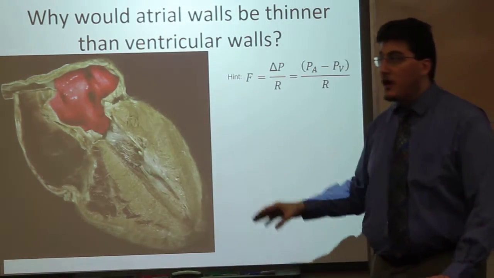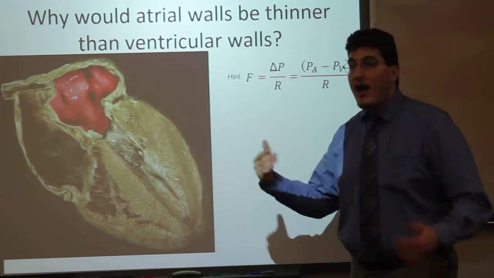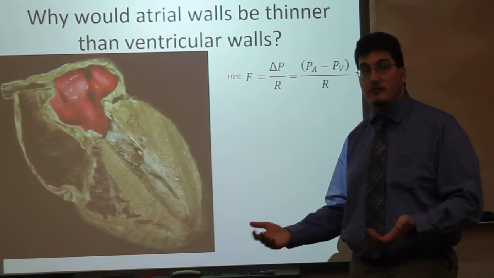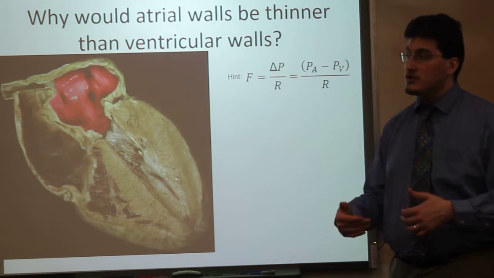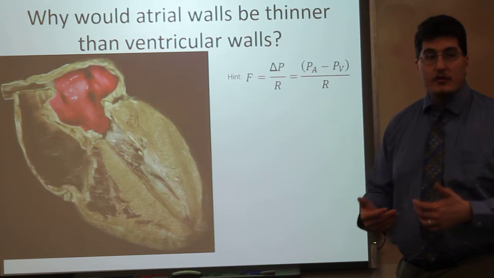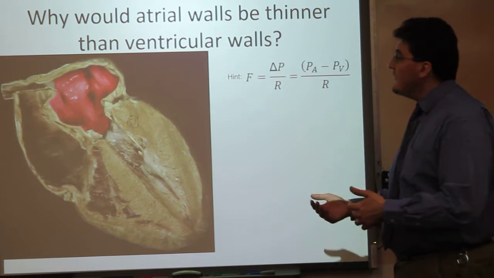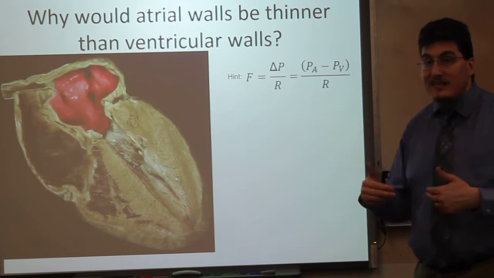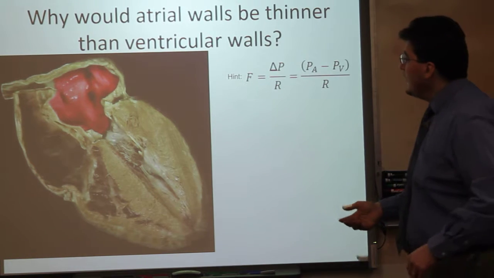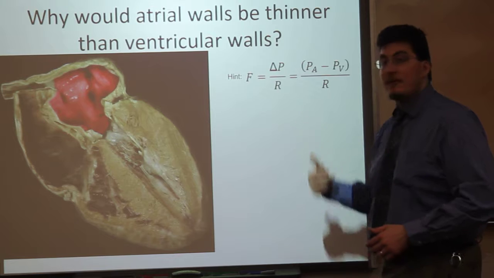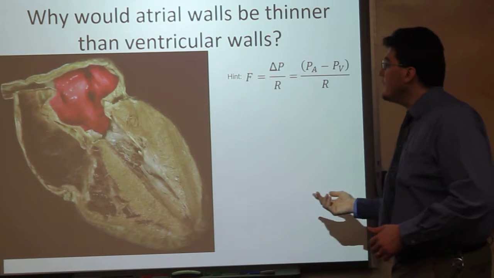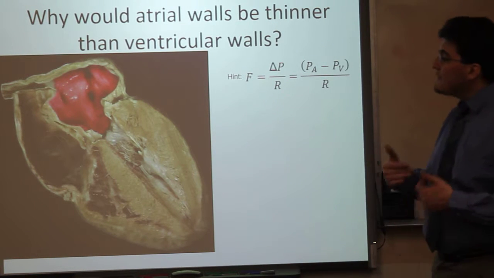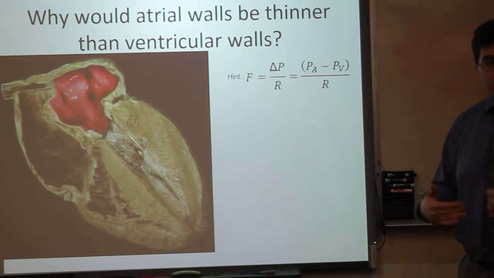The receiving of blood needs to go from high pressure in the circulation, from the veins, to a low pressure in the atria to receive that blood. And then they need to pump into a relaxing ventricle in order to overcome whatever pressure is in that ventricle. And overcoming that resistance is significantly smaller.